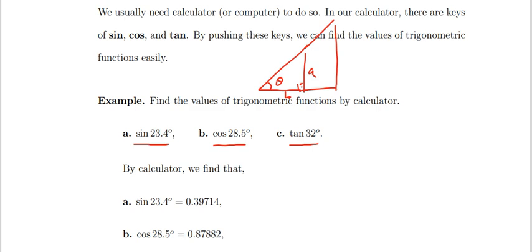If you get a different answer, this means you need to tell your calculator that the 23.4 is in degrees. But how can we do that in the calculator? We should check the mode.